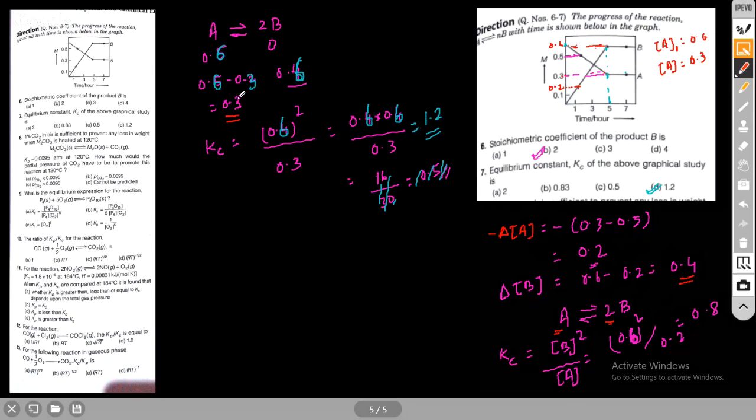To get the final concentration of A as 0.3 from 0.6, 0.3 must react, right? So this is nothing but X in this case. And 0.6 minus X gives you 2X here, because the ratio is 1 is to 2. So X is 0.3, so 2X will be 0.6. This is the equilibrium concentration of B. So we can write Kc as concentration of B square divided by concentration of A at equilibrium. That is what I have done.